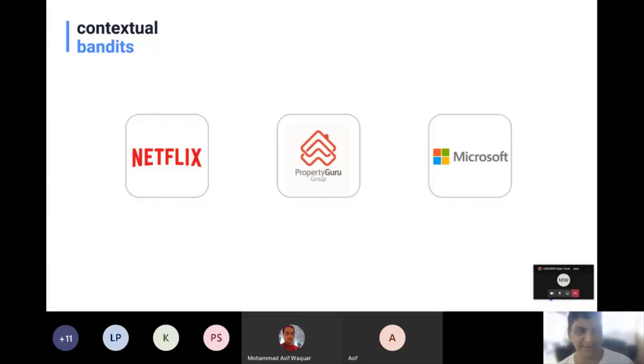Now, as you think about this, reinforcement learning or the idea of this whole contextual bandit is not very new. A lot of companies have been using this in the past, and a lot of its foundation comes from biological influences. Most of us are Asians, and the way we were taught to grow up is that, hey, you study well, you'll get good marks, you'll get good salary, good bonuses.